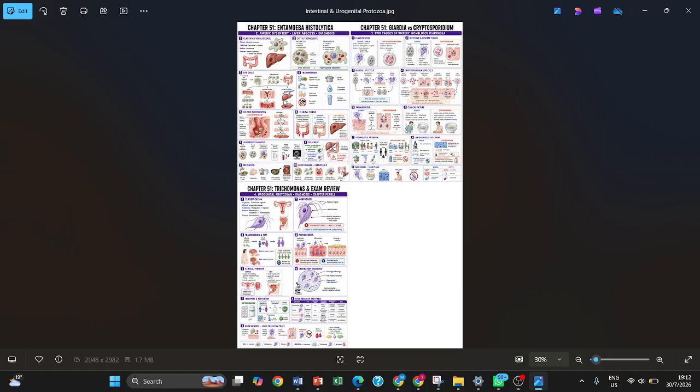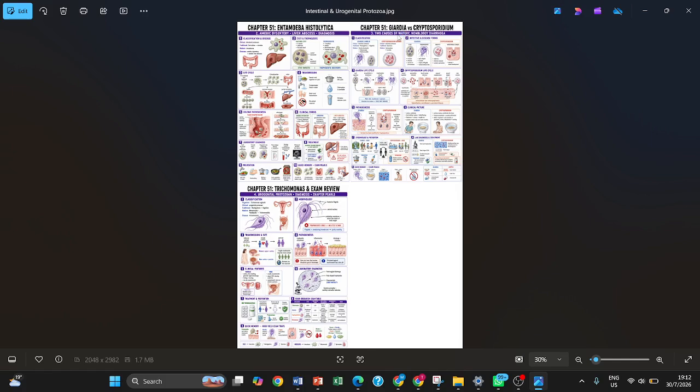So, starting from a bird's eye view, we have got four organisms with regards to intestinal and urogenital protozoa. We have got Entamoeba histolytica, Giardia, Cryptosporidium, and then Trichomonas vaginalis, right?